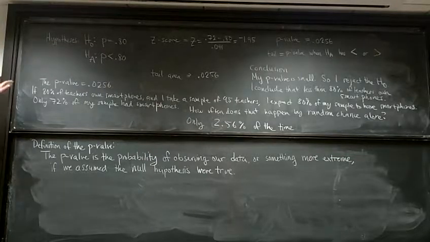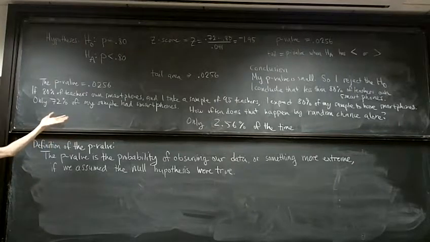So if we assume that 80% of teachers own smartphones, and I take a sample of 95 teachers, I expect 80% of my sample to own smartphones. What's our p-value? It's the probability of observing our data or something more extreme. My data shows that only 72% of my sample had smartphones.